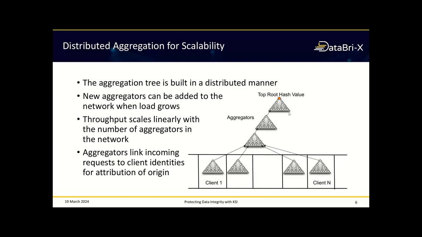So with the 4 layers, we get to the point where we can aggregate billions of inputs from thousands of clients in every round, and the load of this computation is distributed across many servers, and new aggregators can be added into this aggregation network when the load grows.